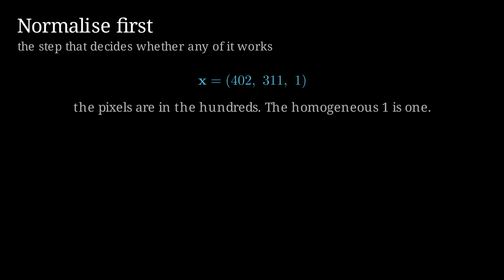Your points are pixel coordinates, 402, 311, and then a 1 because they're homogeneous. Look at that vector. 2 of the numbers are in the hundreds, and the third is 1. And in the matrix A, some columns are built from products of coordinates, so they're in the hundreds of thousands.